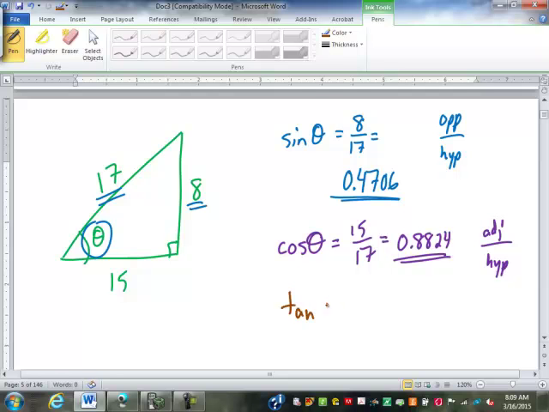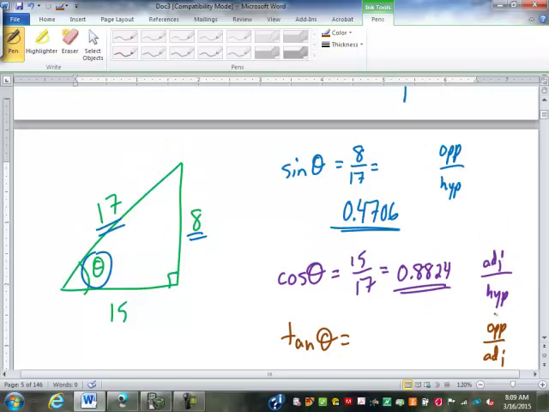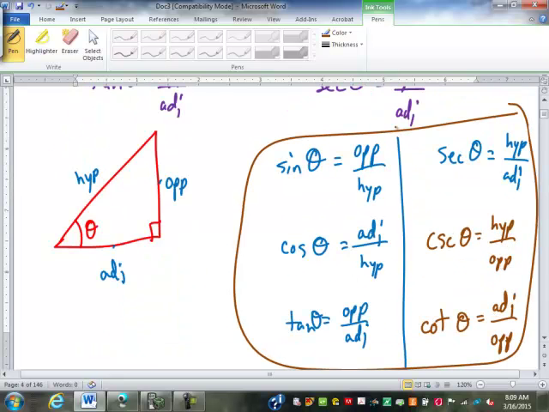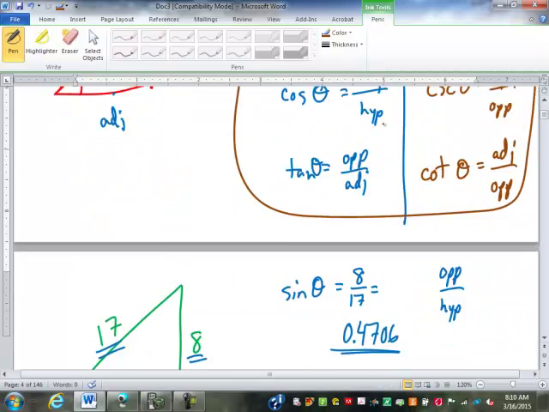The tangent would be, well, tangent is defined to be opposite over adjacent. Very good. By the way, this little list that I put up here, these 6 trig functions, you might want to write that on the back cover of your notebook or make a note sheet somewhere that you keep handy. We're going to need those a lot, and in a lot of the stuff we do, it's going to be really handy to have those definitions in front of you so you can just pick them out and use them.